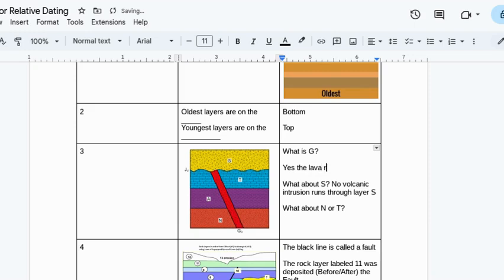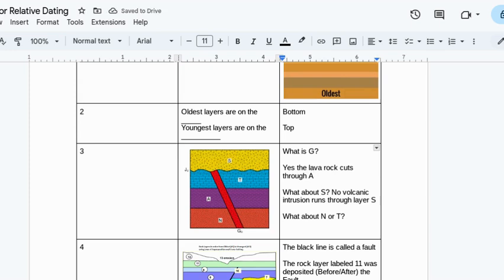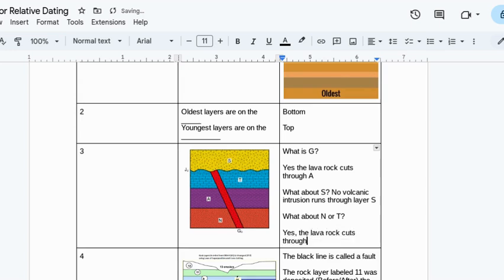The lava rock cuts through A. Does the lava rock cut through N and T? Yes. But the one that it doesn't cut through is S up here. So N and T, yes. The lava rock cuts through.